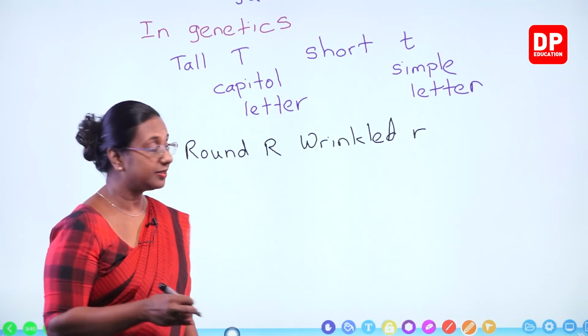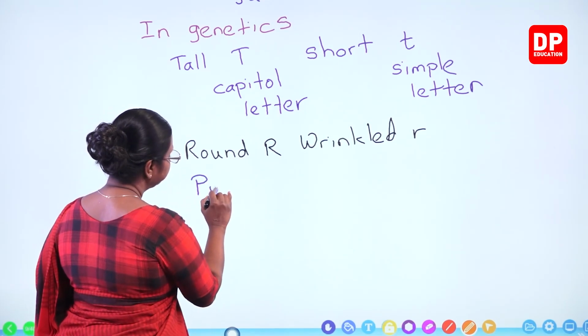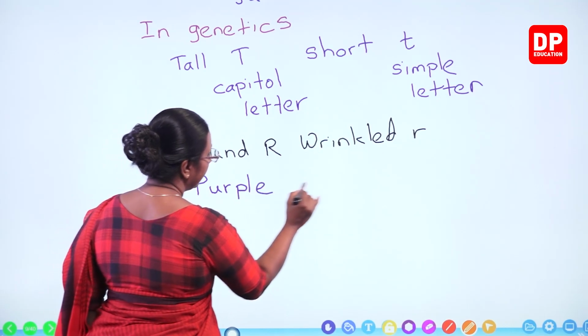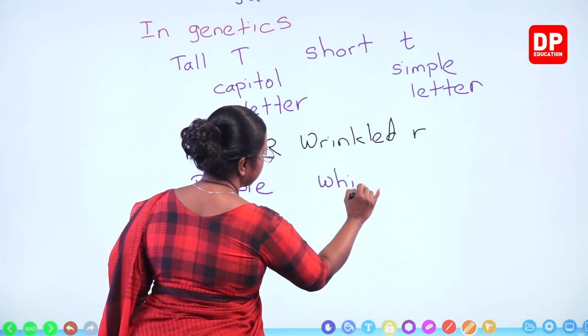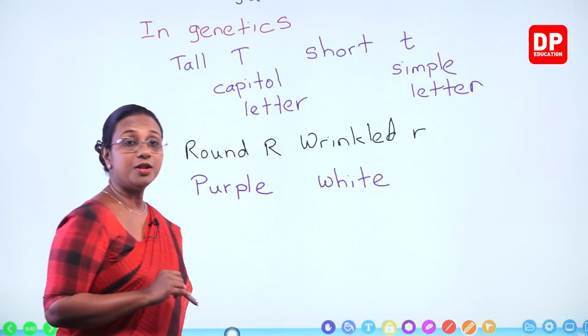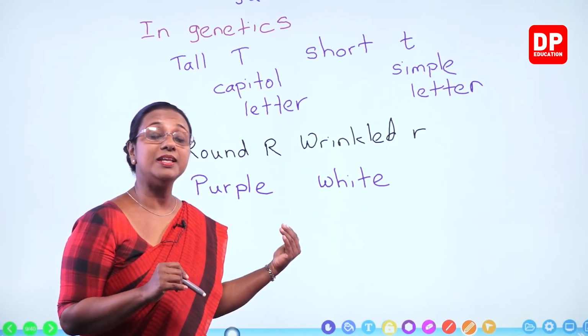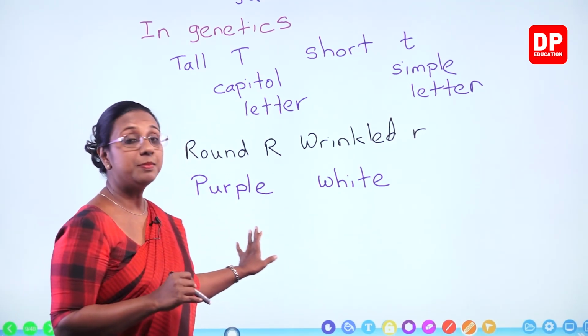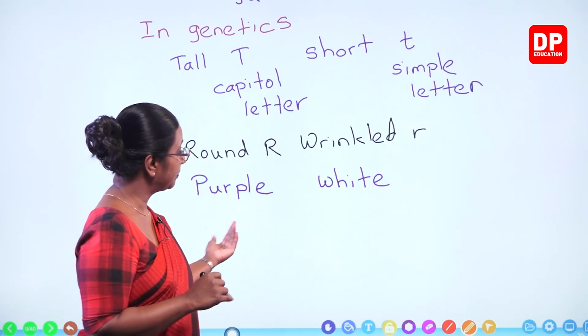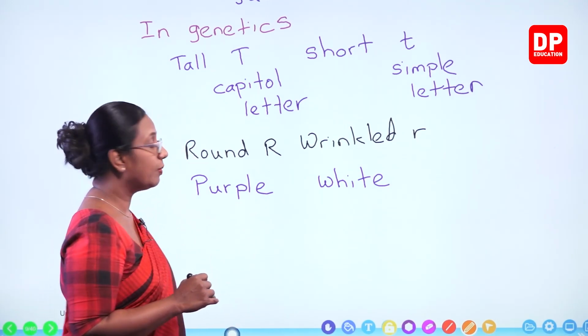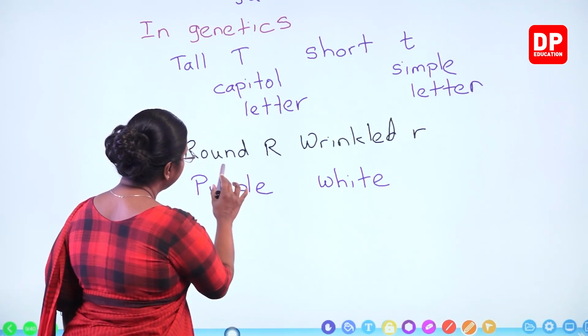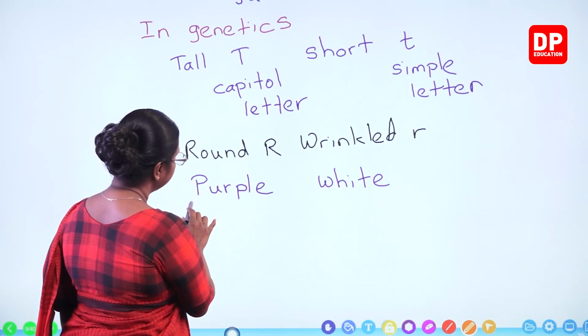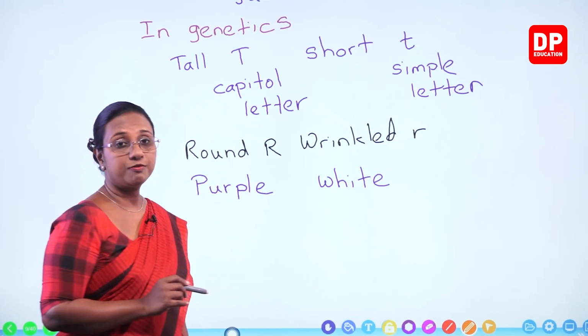If you consider the color of flowers, that is the characteristic. What are the two factors? Purple flower and white flowers. And out of these, what is the dominant character? You can remember in the F1 generation, it's only purple flowers. F2, purple to white is 3 to 1. So, purple flower is the dominant character. P is the first letter of purple.